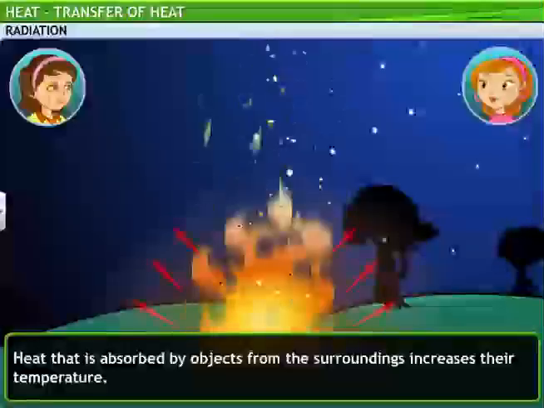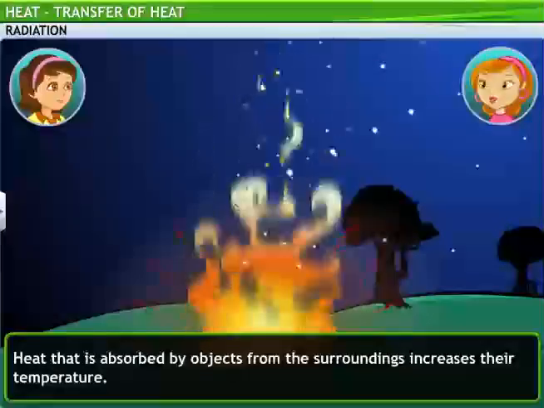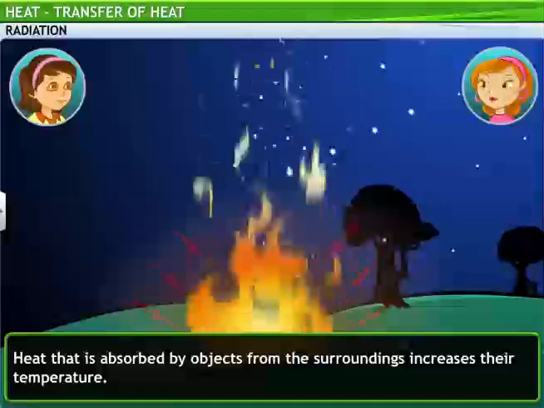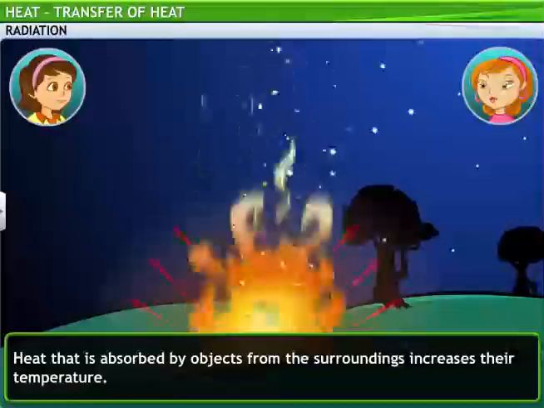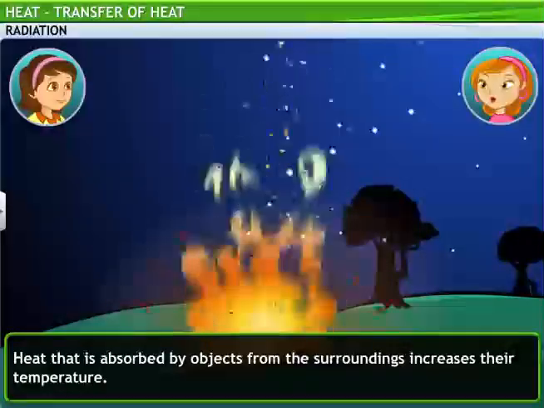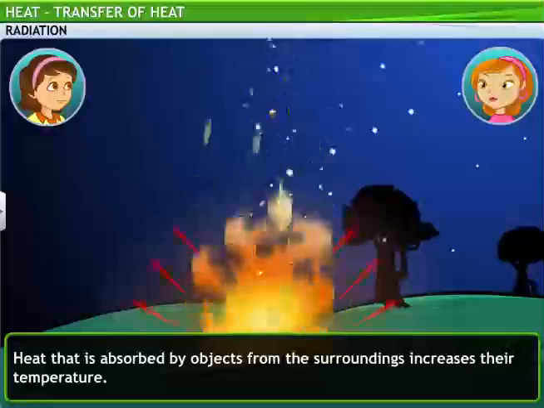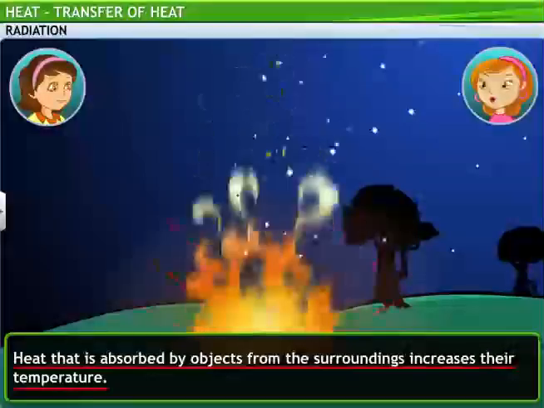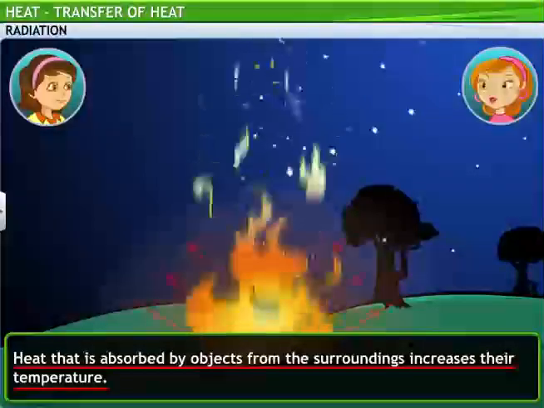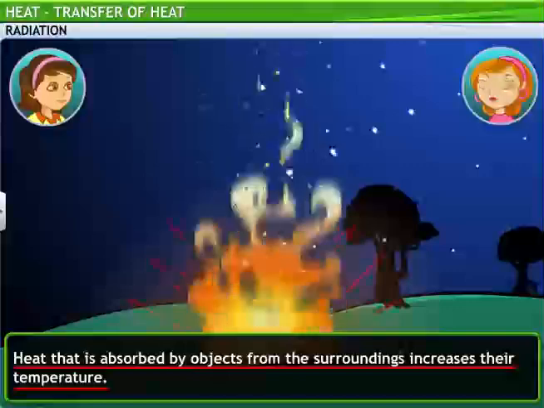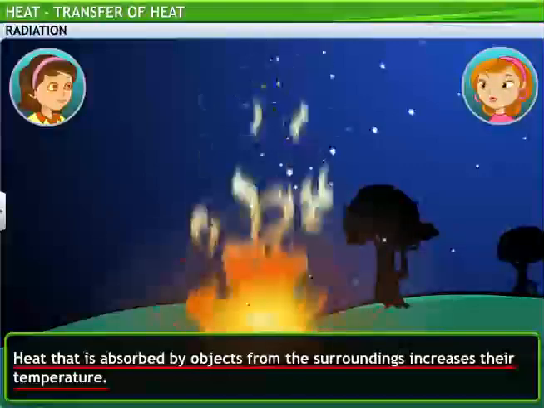When heat is incident on some object, a part of it is reflected, a part is absorbed, and a part is transmitted. The heat that is transmitted from the object and absorbed by the surrounding objects increases their temperature.